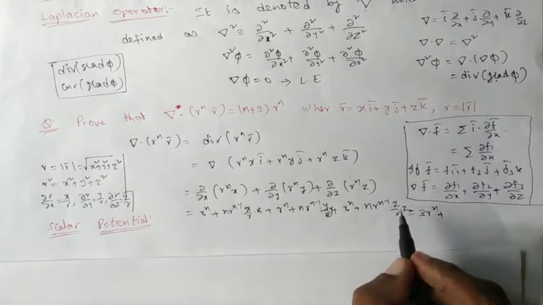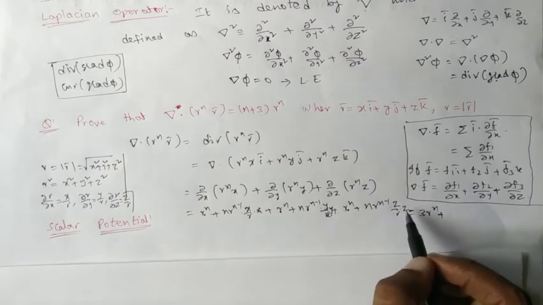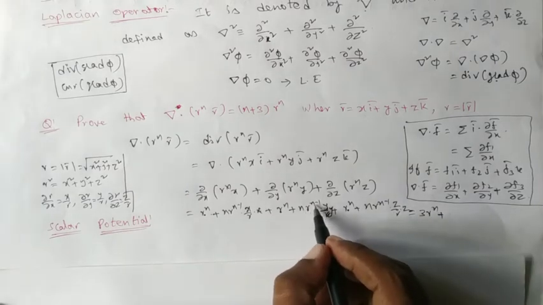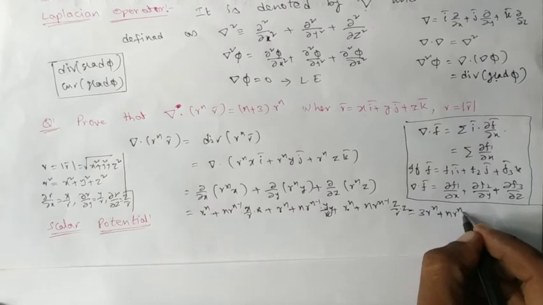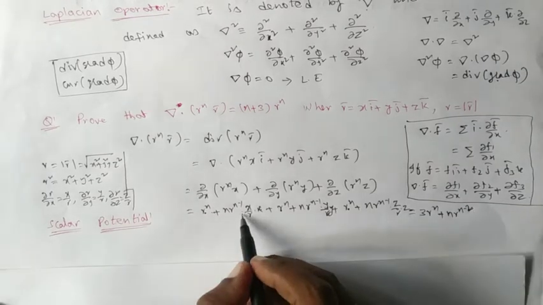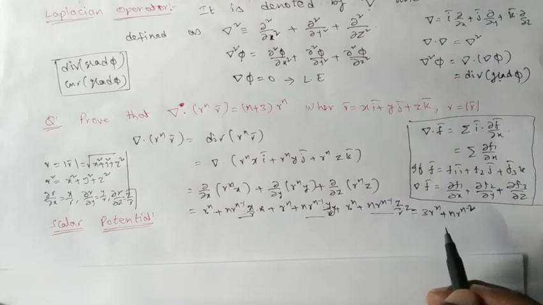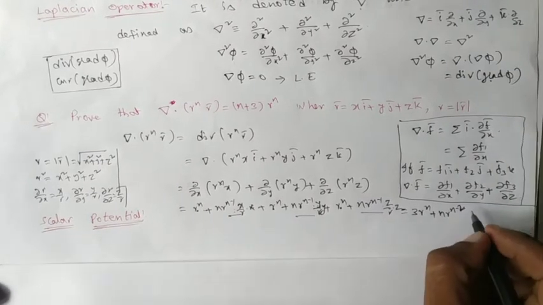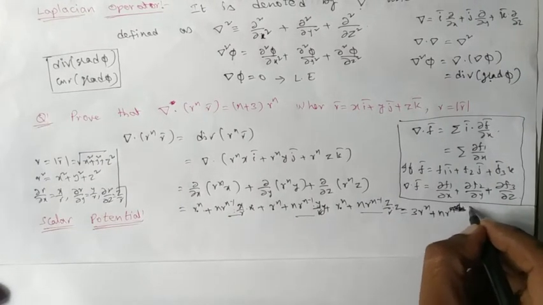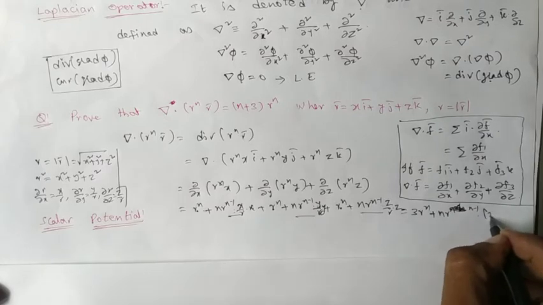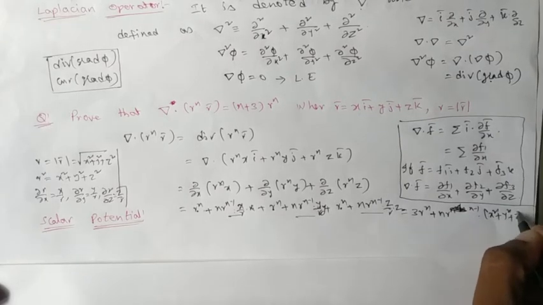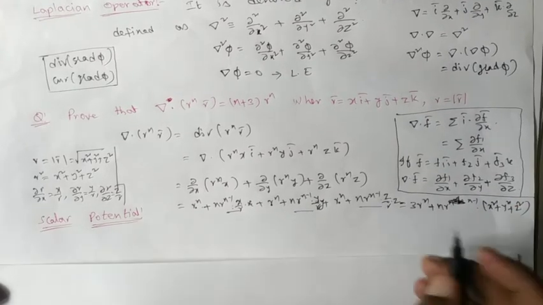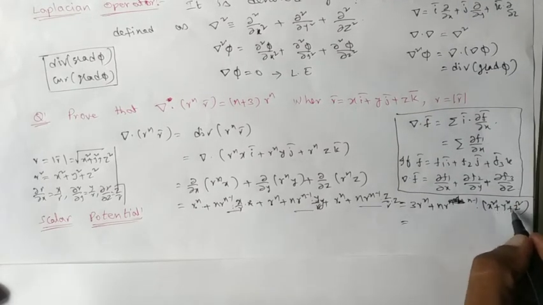Once we observe that it is y² and z², that means n rⁿ⁻² is taken as common in all these terms. The remaining part is x² plus y² plus z².